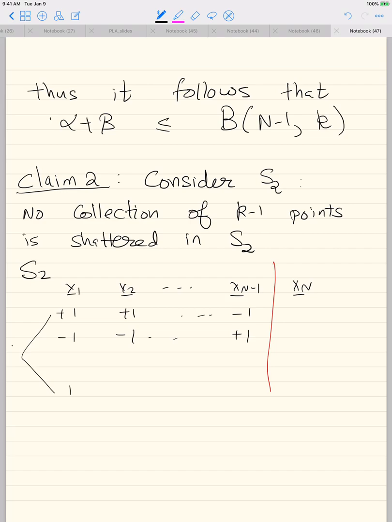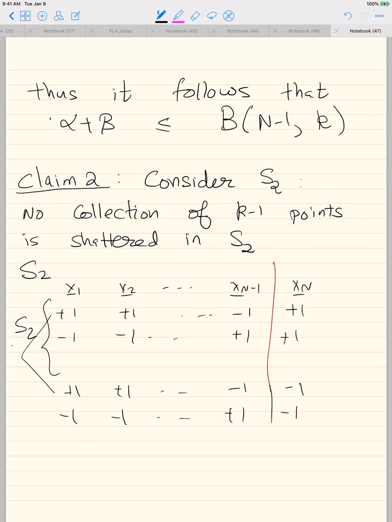So you will see a duplicate vector once with plus 1 and once with minus 1. So each vector here will appear in S with plus 1 and later with minus 1. This is the definition of vectors in S2. So S2 consists of vectors of length n minus 1.